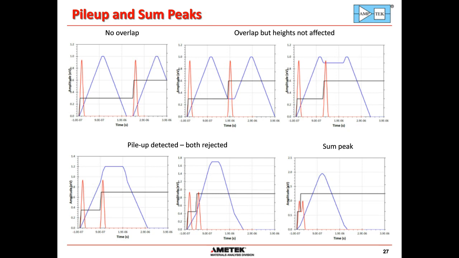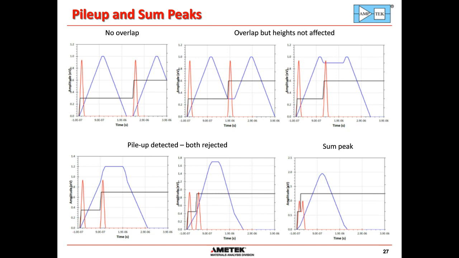Pulse heights are still both accurately measured, and these are both going in the full spectrum. The bottom left shows two that overlap. There is pileup, and so this is a distorted peak, but the fast channel will let me separate them. The middle, they're closer in time, still separated. The bottom right, they're overlapping in the fast channel, and so these are going to contribute to the sum peak.